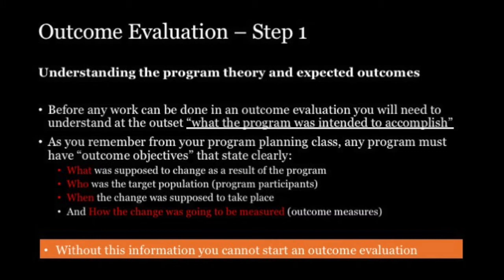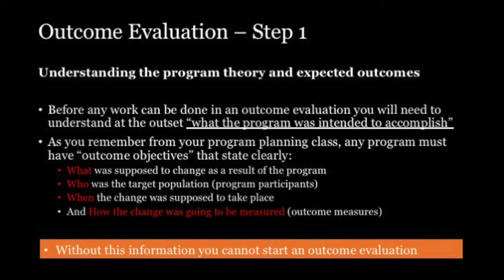And these outcome objectives had to state what was supposed to change as a result of the program, who was going to benefit from it, when the change was supposed to take place, and how the change was going to be measured. Now we're going to refer to this measure of the outcome as an outcome measure.